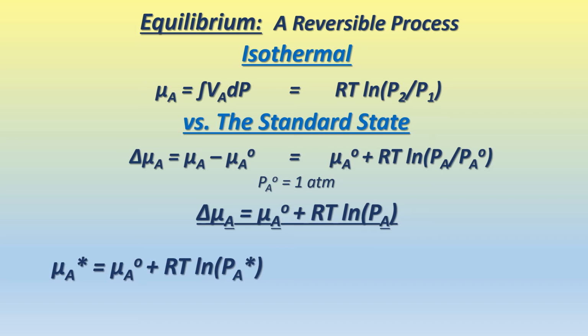So for the pure material, mu star would be standard mu of A plus RT log P star. And for the potential of the solvent in the mixture, it's going to be the standard potential plus RT log of P of A in the mixture. When forming a mixture, the change in potential of the solvent is going to be like any other delta, final minus initial: the potential of the solvent in the mixture minus the chemical potential of the solvent in the pure state.